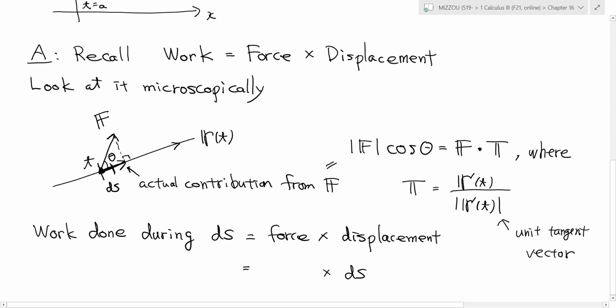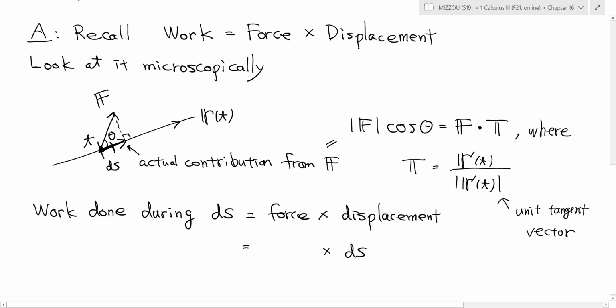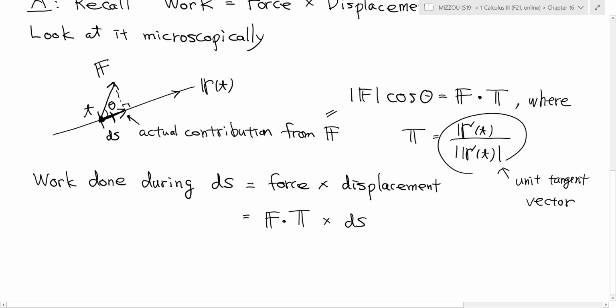So therefore, the actual contribution coming from this force in the direction of r of t is F dot T. Like I said, F dot T is explicitly written this way: F dot r prime of t divided by the magnitude of r prime of t.